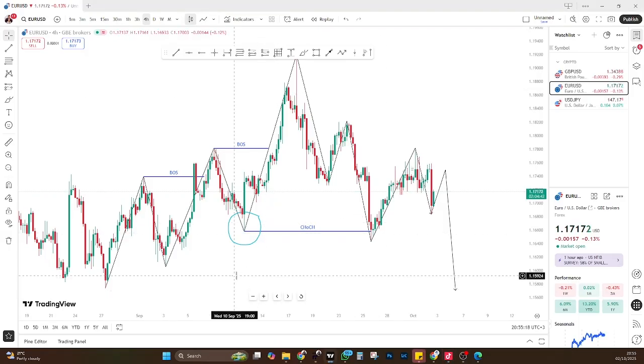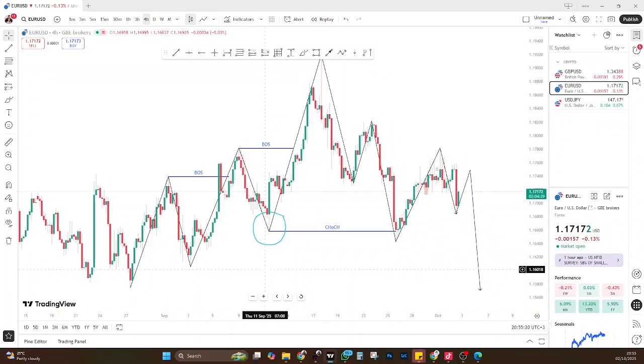So a break of market structure is if the market is either in an uptrend or a downtrend, and then it breaks the previous high or the previous low. But a change of character is when the market takes out the previous low or the previous high.